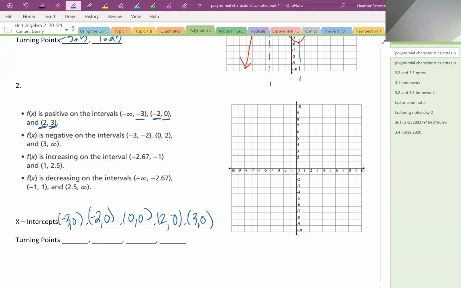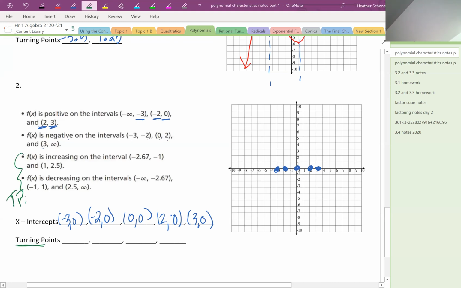So the first thing we're going to do is plot those points. So I've got (-3, 0), (-2, 0), (0, 0), (2, 0), and (3, 0). All right. The increasing and decreasing is telling us where it goes up and down. So when a decreasing interval ends and another one begins, it's going to switch directions. So those are our turning points. Okay.